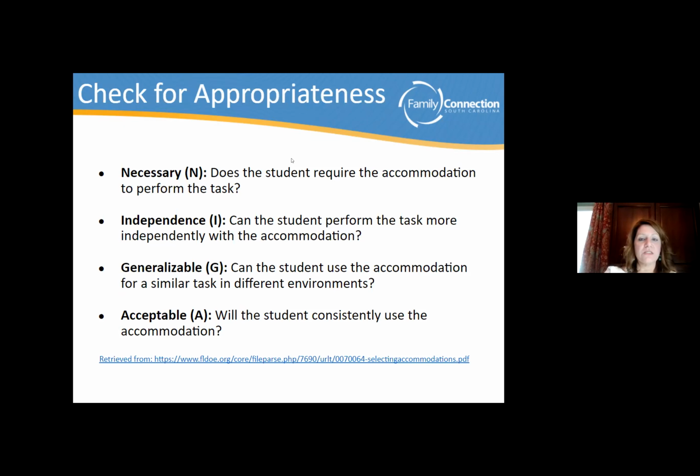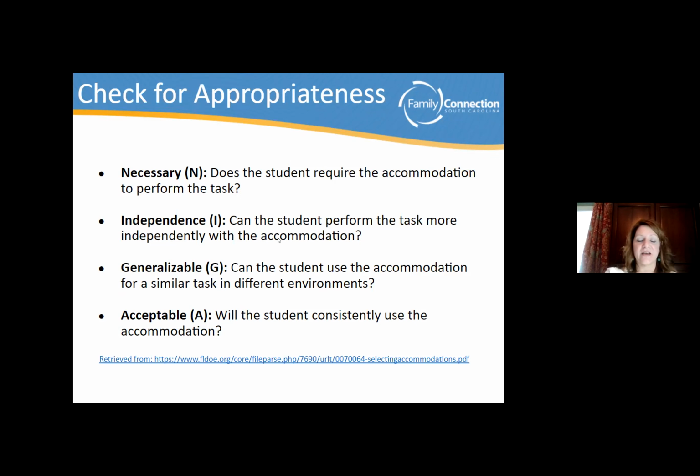And then it's important with accommodations to check for appropriateness. Is the accommodation necessary? Is it really required to perform the task? Independence: can the student perform the task more independently with the accommodation? Is there really bang for your buck, is it worth the effort because the student will be able to perform the task more independently?